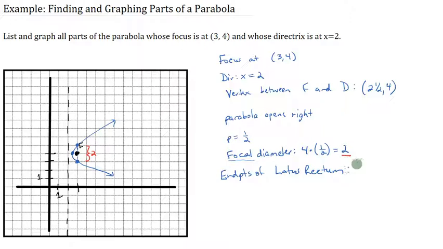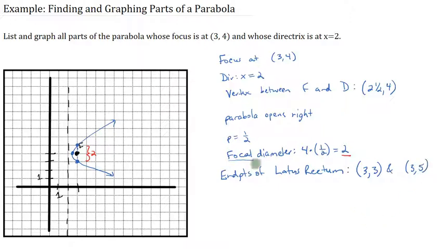In fact, both of these points have an x value of 3, so I'll go ahead and write the other one as well. The bottom point has a y value of 1, 2, 3, and the top one has a y value of 3, 4, 5. So 5. Those are the endpoints of the latus rectum.